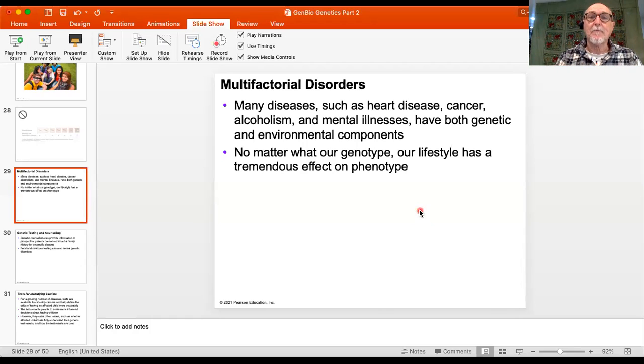human beings. We ended up last time talking about polygenic inheritance. Polygenic inheritance of characters such as height, skin color, these things which are determined by many different genes, but all contributing to a particular phenotype.